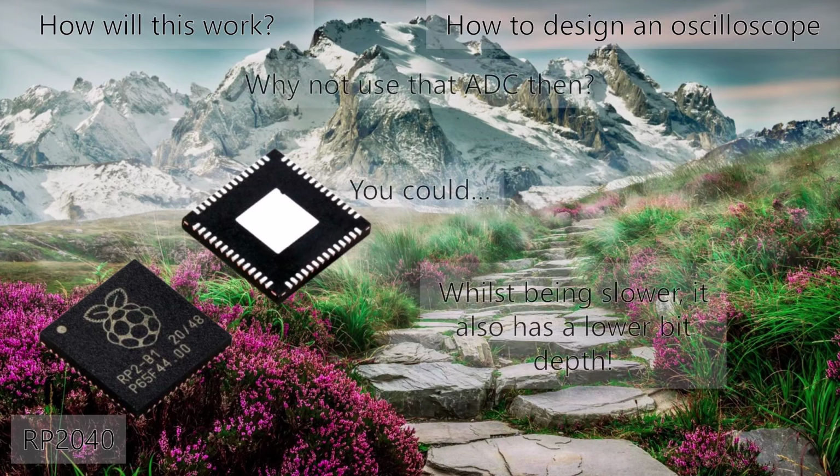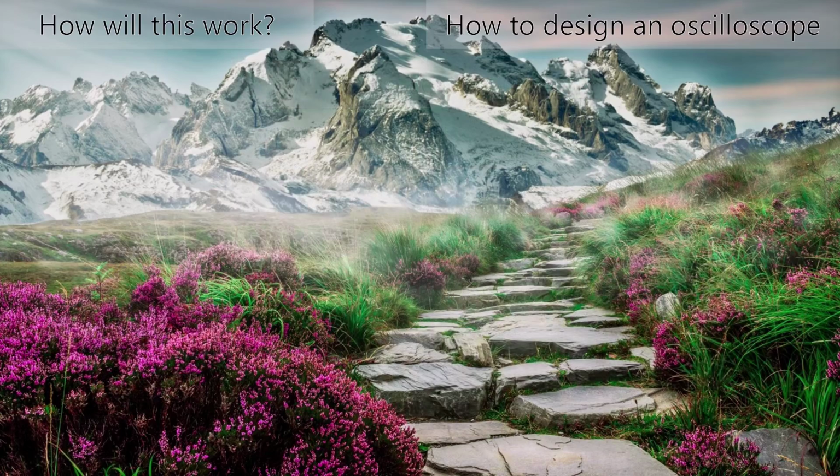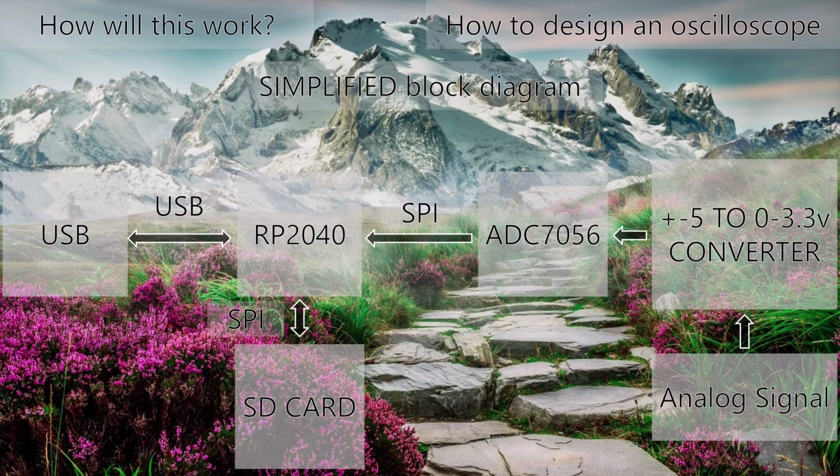This brings to question though, why can't we use the RP2040's analog to digital converter for the oscilloscope? Well, we could, but whilst being slower, the bit depth of the ADC is also lower, so it is not as accurate. And finally, here is a simple block diagram of our oscilloscope.